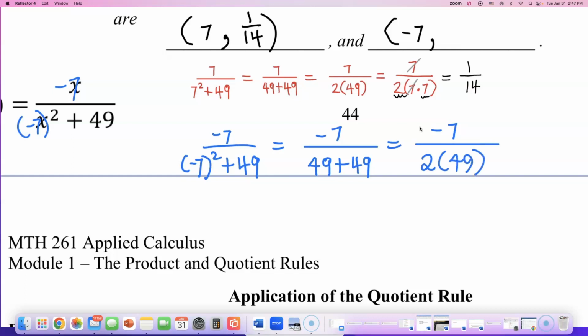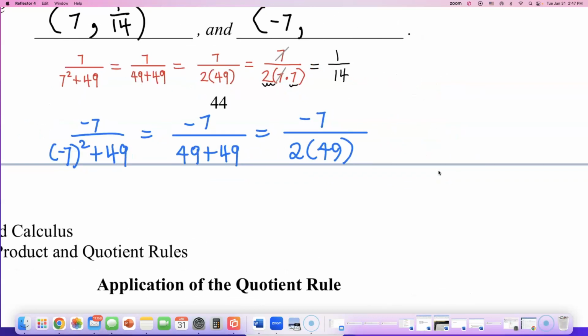Because adding 49 and 49 is the same as multiplying 49 by 2. See, multiplication is repeated addition. So negative 7 over 2 times 7 times 7, right? So I can cross out this 7 on top and one of the 7s in the bottom, and write the answer as negative 1 over 14.